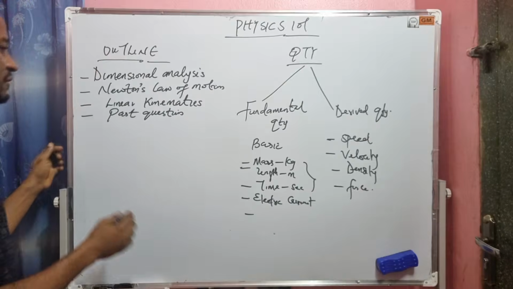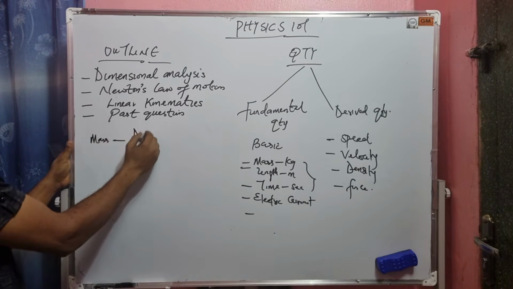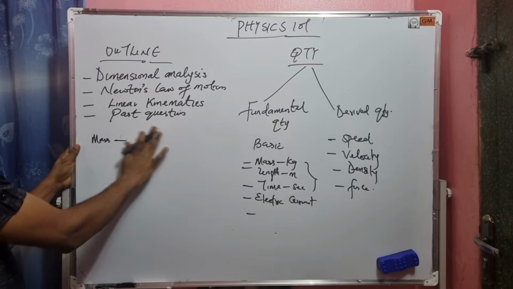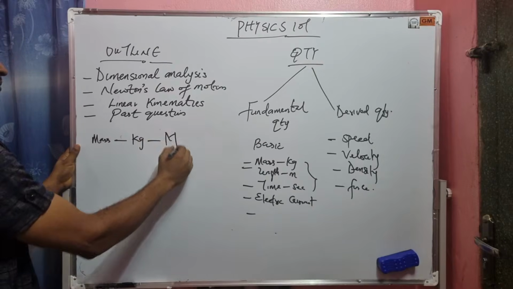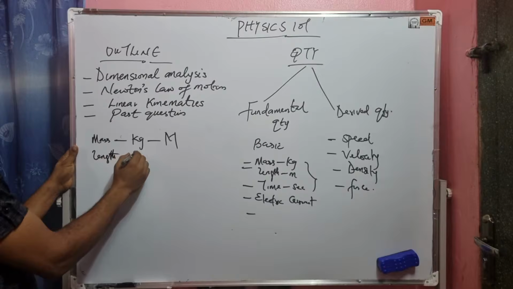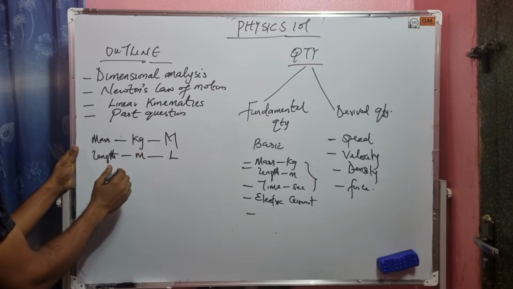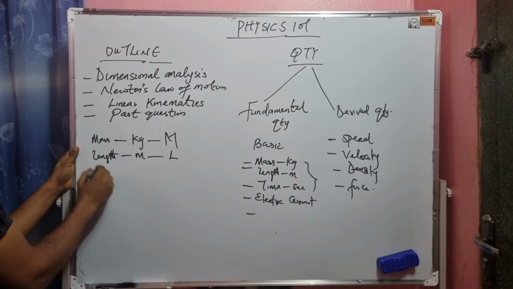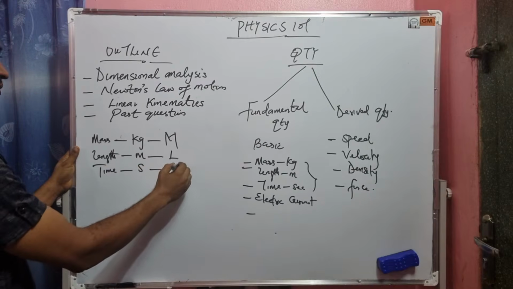And the dimension of mass, measured in kilogram, is simply capital M. The dimension of length, in meter, is capital L. The dimension of time, in seconds, is capital T.